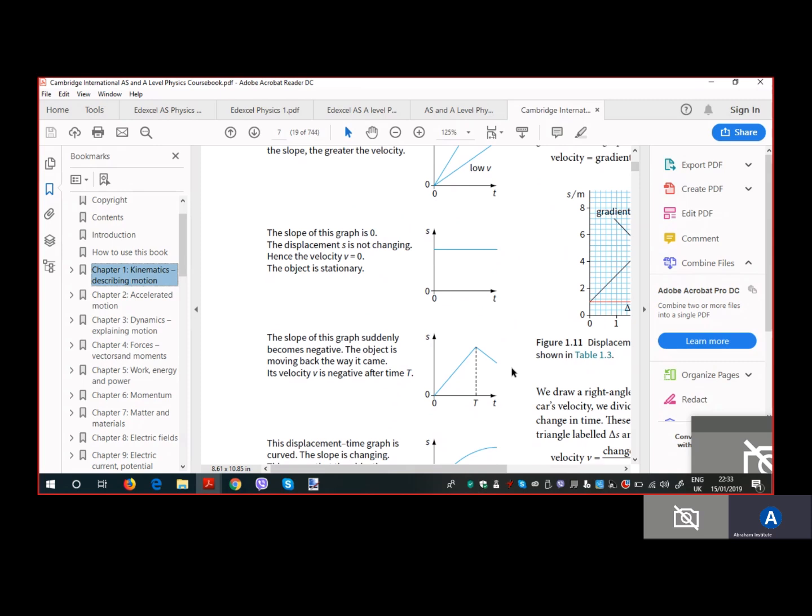Now, do you see the gradient is positive here, right? Yeah, sir. And here the gradient is negative. So velocity is positive and then velocity is negative. Do you get it? Yeah. Velocity is a vector quantity. So in the beginning it was moving in one direction, so it has a positive value. Then a negative value means it's moving in the opposite direction.